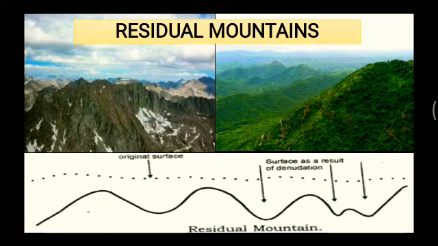The soft rocks flowed away and the hard ones stayed back. For examples, we have the Aravalli range in India and the mountain ranges of Norway. So these are the examples of residual mountains.